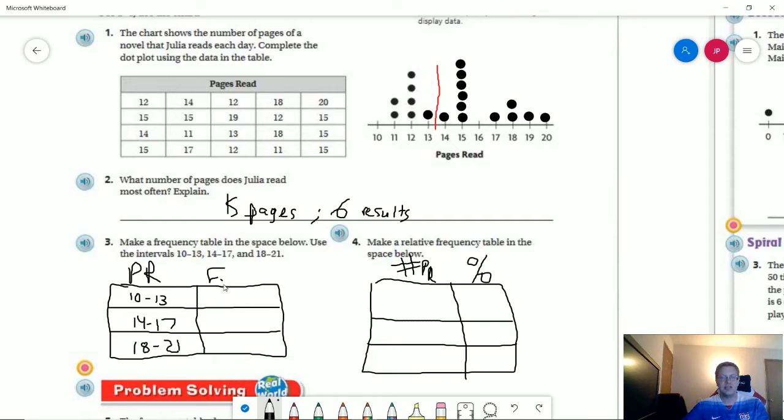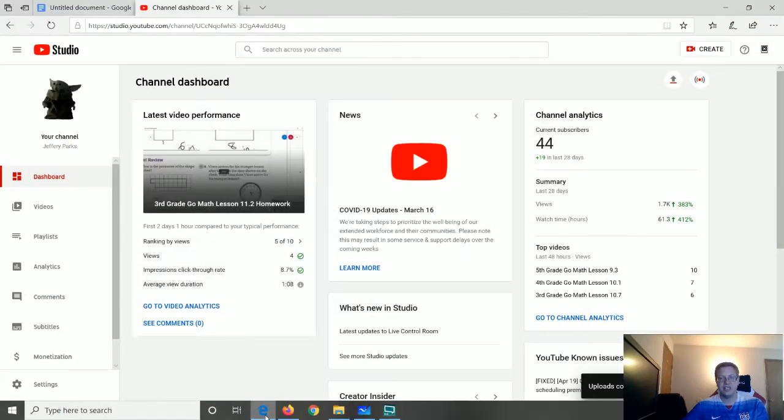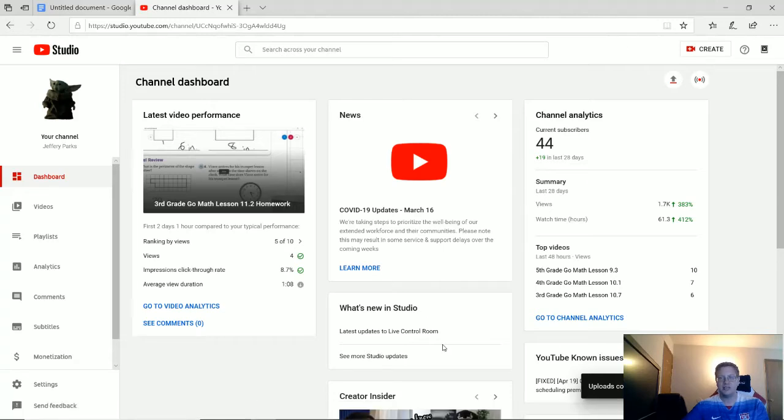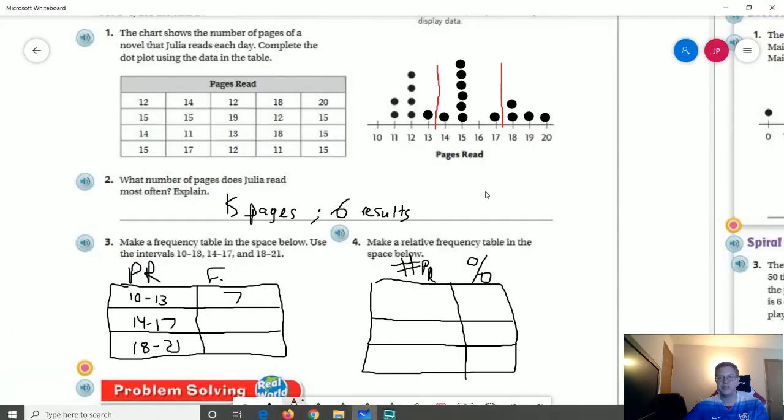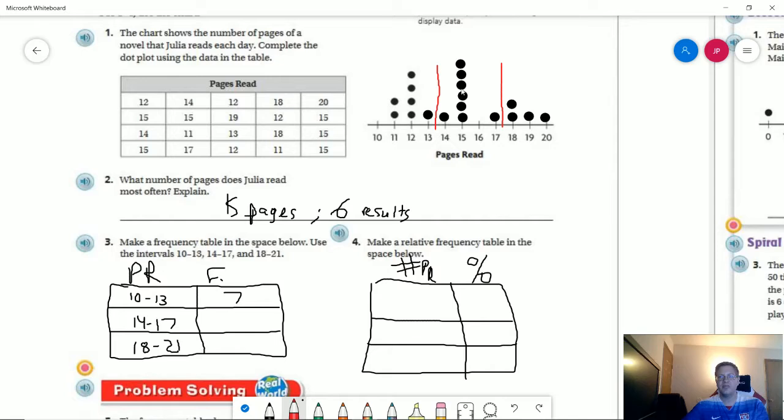We did something like this in earlier years. The next one, 14 through 17. We could draw another one here. And so we're counting everything inside this section. And so, as I get the wrong thing pulled up, thanks Windows, 1, 2, 3, 4, 5, 6, 7, 8 for this one.